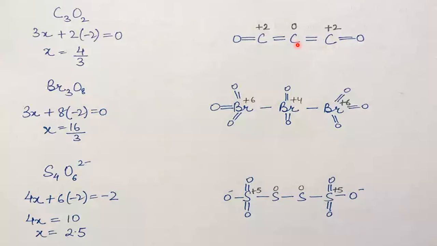If any particular atom is between two similar atoms, it is taken as neither lost nor gained. If it is lost, it is given as plus; if gained, as minus. But the central carbon is neither lost nor gained, because it is between two similar carbons, so there is equal pulling. Therefore this carbon has not undergone any loss or gain, so it is assigned 0.